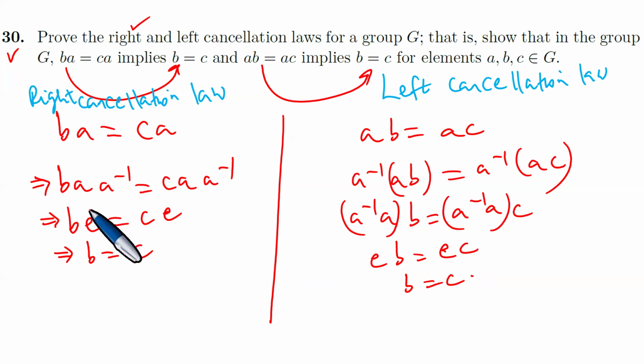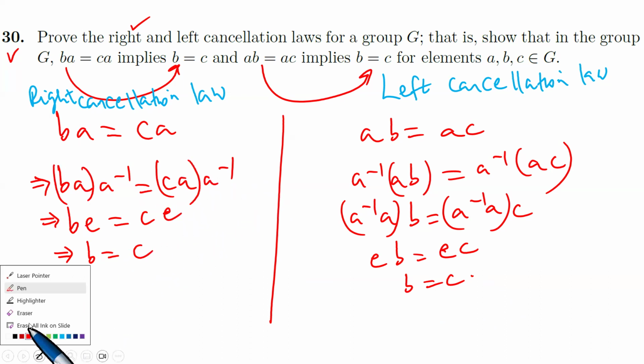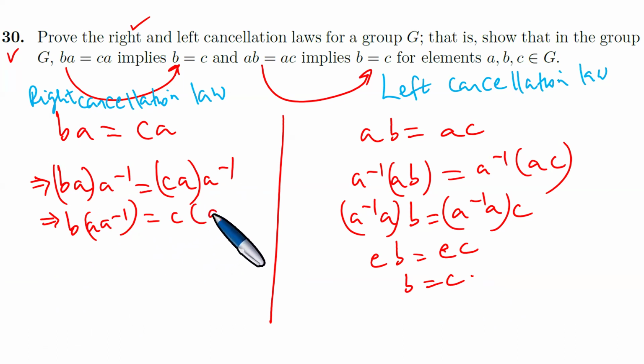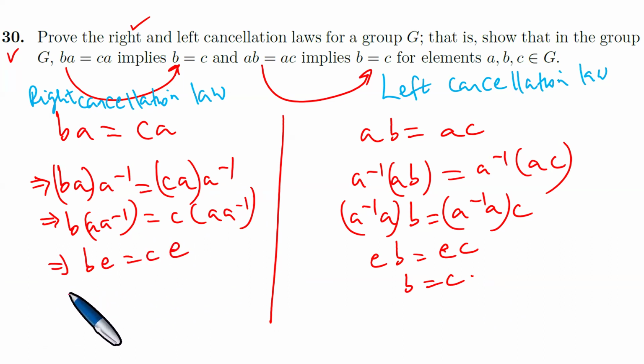In the same way here, we start with ba and ca, and doing everything in order we come to baa inverse, caa inverse, so b e equals c e, b equals c, excuse me.